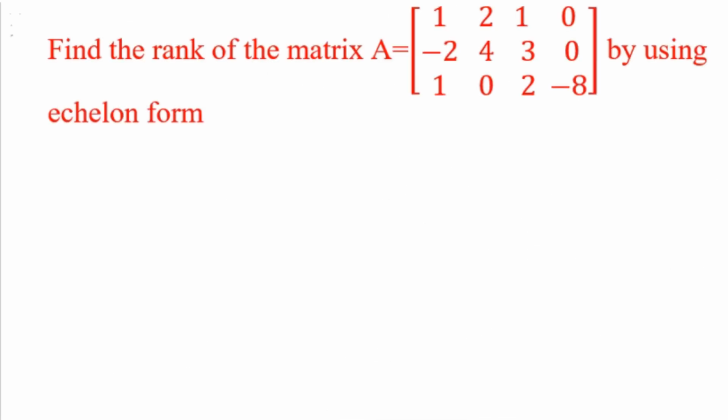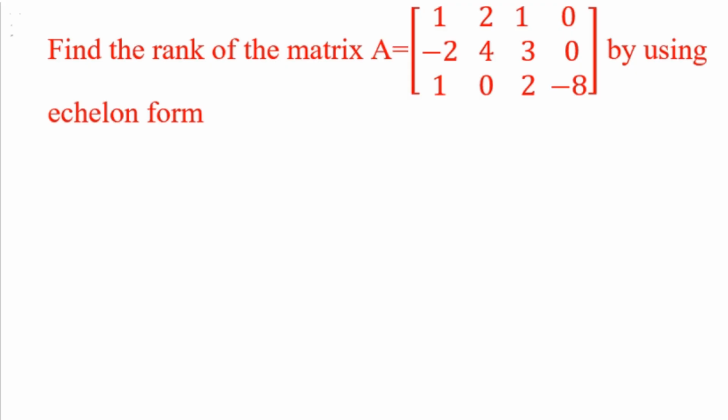The matrix A [1 2 1 0; minus 2 4 3 0; 1 0 2 minus 8], by using echelon form to find the solutions. Here the matrix is a 3 by 4 matrix.